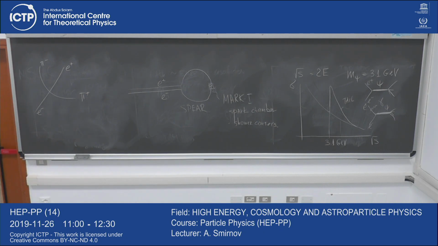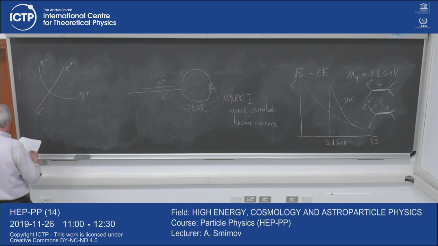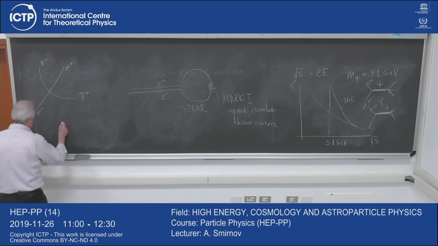We call this psi. After this, it was clear that this psi particle is essentially the same as the one observed at Brookhaven, and therefore this particle has a double name, J/psi. So what we deal with here is the particle with the name J/psi.